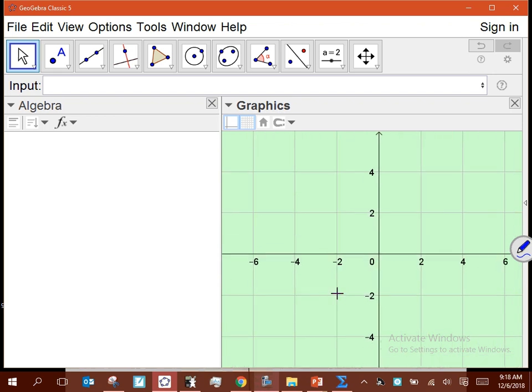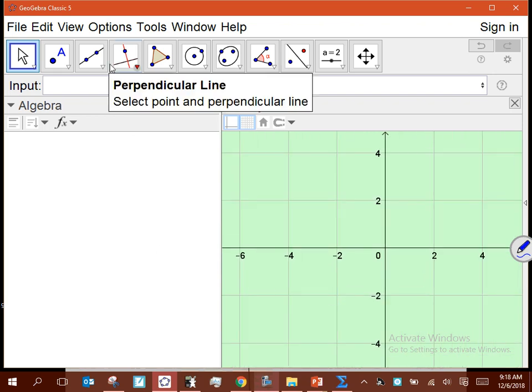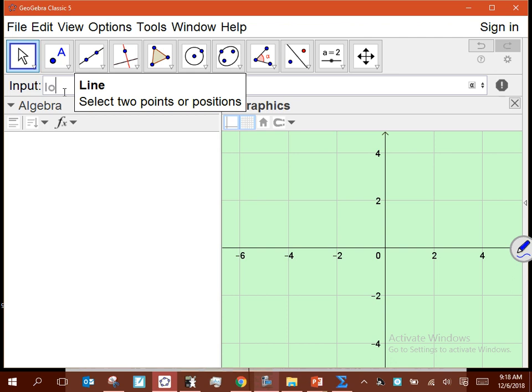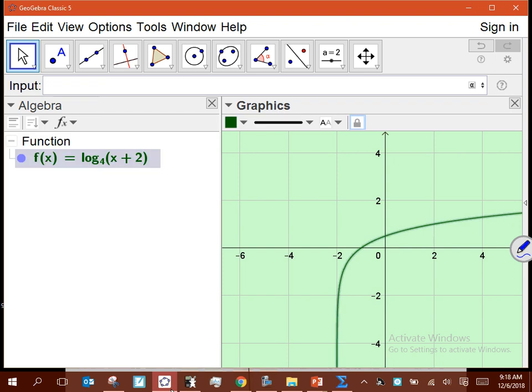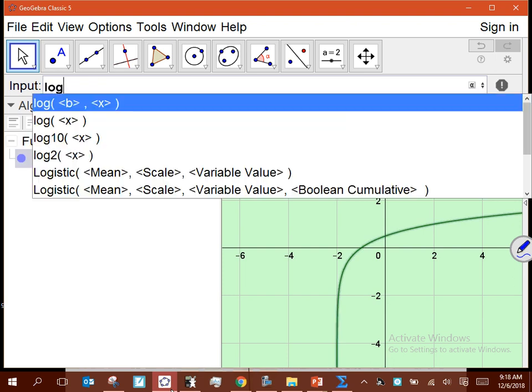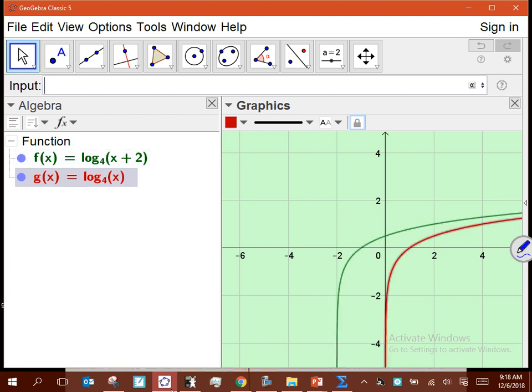They do ask you to take some basic, you know, if I have log base 4 of x plus 2, they ask questions, okay, if I have the red one, how does the green one relate to the red one? And you answer that it's a shift 2 units to the left, right?